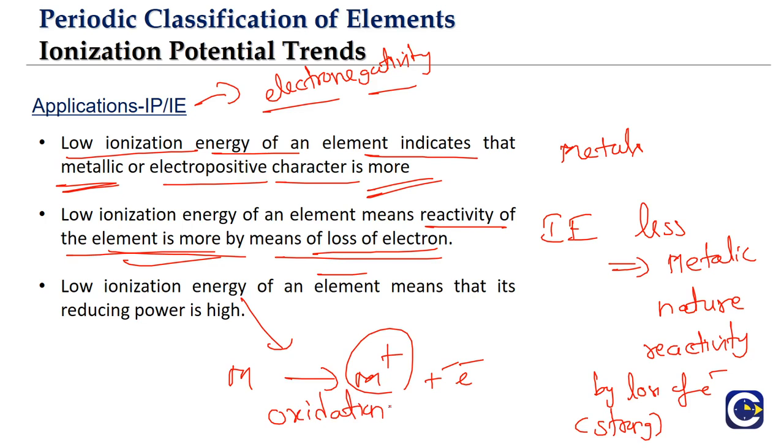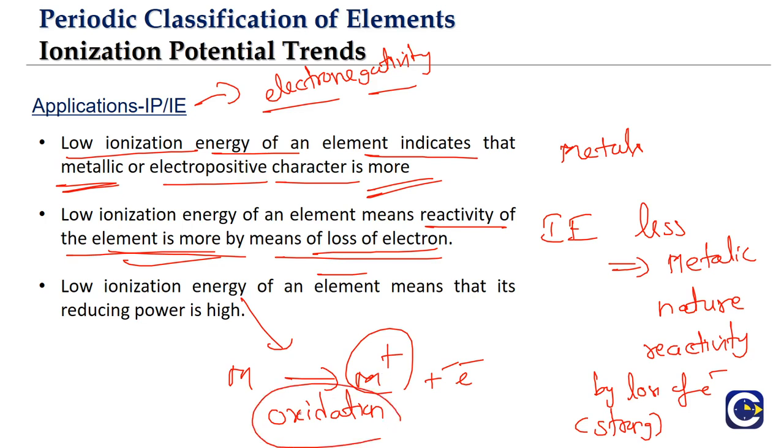Now if a substance is undergoing oxidation, this idea we'll touch upon in the chemical bonding chapter. Also we'll discuss it in detail when we go to the redox reaction chapter. So look at this. If we have the formation of a cation, that particular metal is losing electrons, and thereby it is getting oxidized.